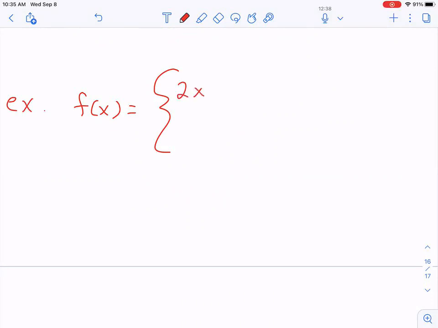On top, I'm going to write 2x minus 1 if x is less than negative 1. And I'll leave this up here for a couple minutes. I know you guys are catching up, but the bottom is going to be 2x plus 3 if x is greater than or equal to negative 1.